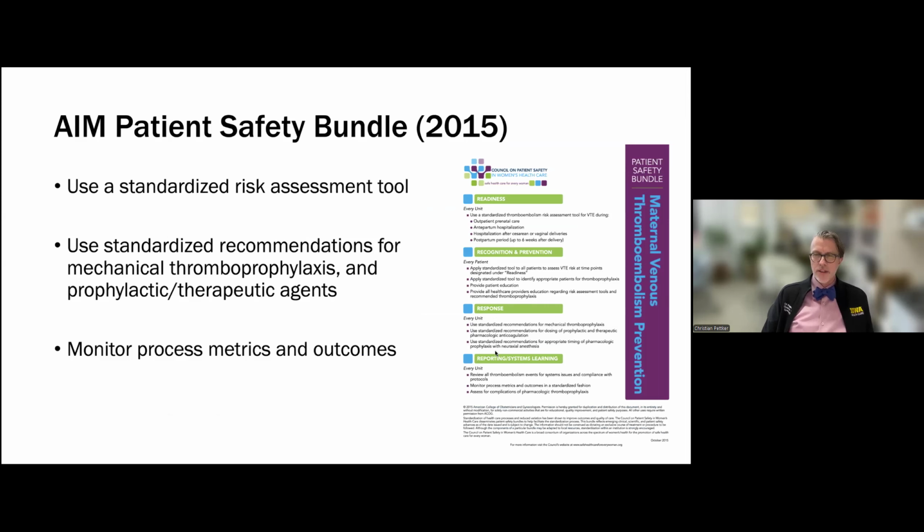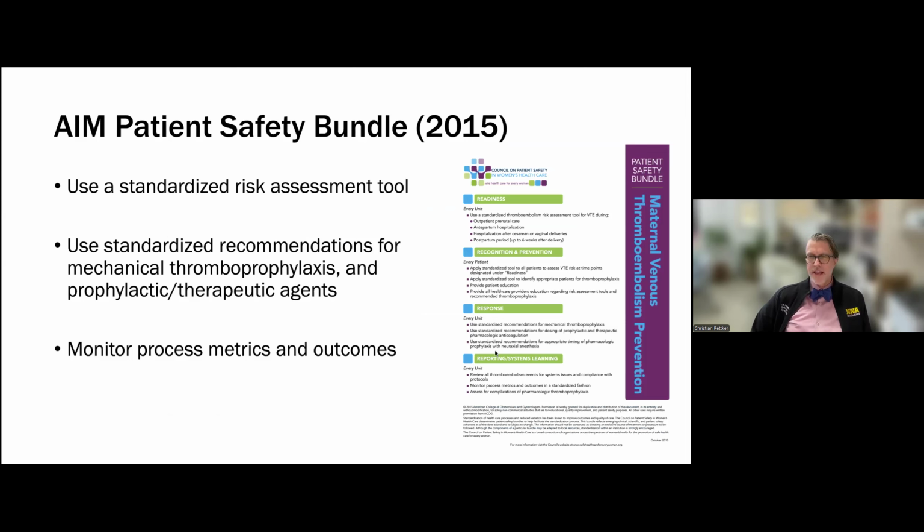A year after the APEX study, the Council on Patient Safety in Women's Healthcare, which is now converted into the Alliance for Innovation in Maternal Health, recommended this safety bundle in 2015.